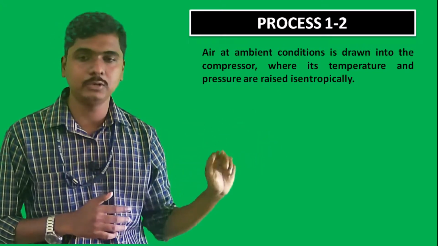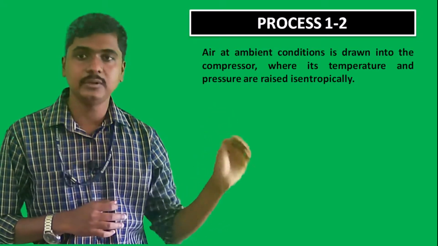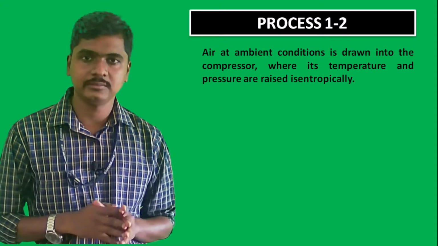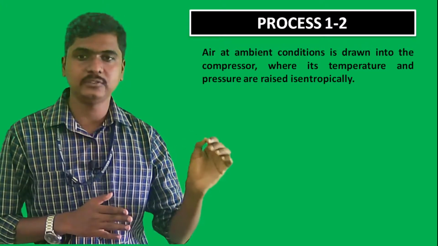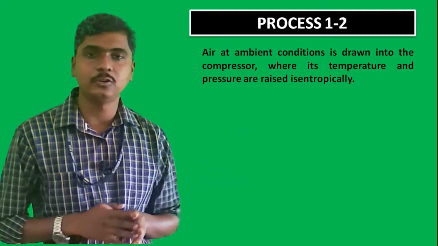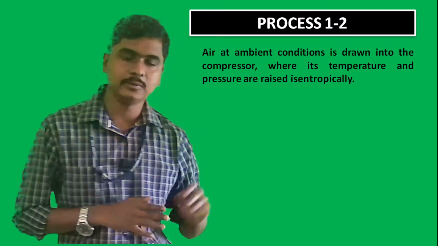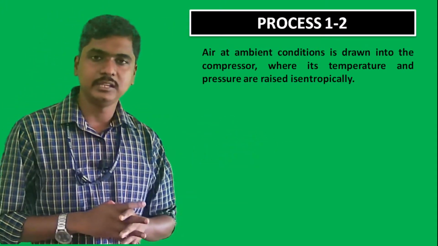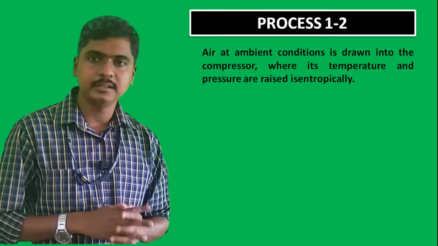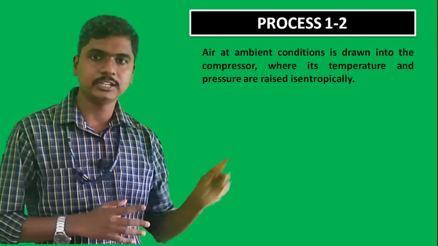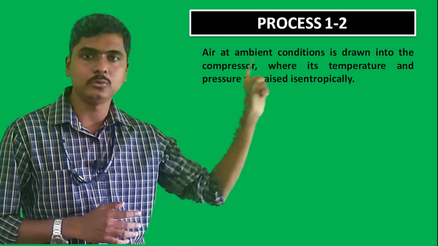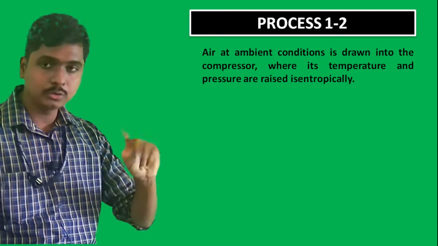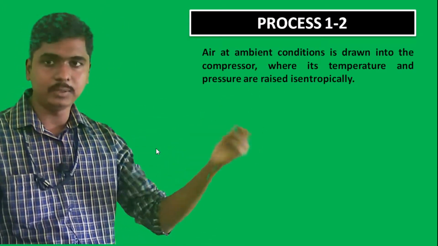All the processes that we are going to discuss here are reversible adiabatic processes. Reversible adiabatic means there will be no heat addition inside the compressor. Okay, so that is nothing but process 1 to 2. What is process 1 to 2? I will show you in a TS and PV plot.